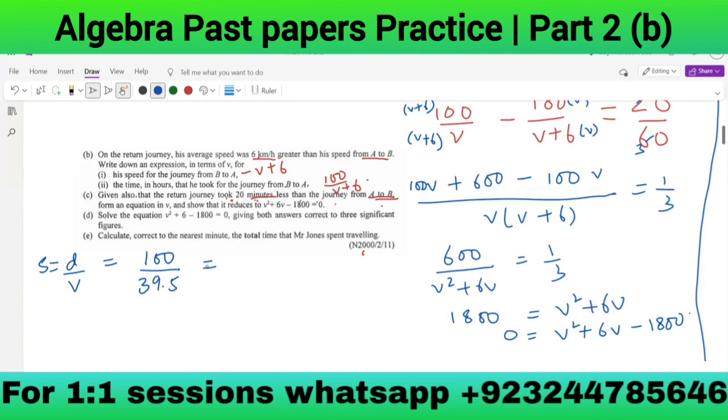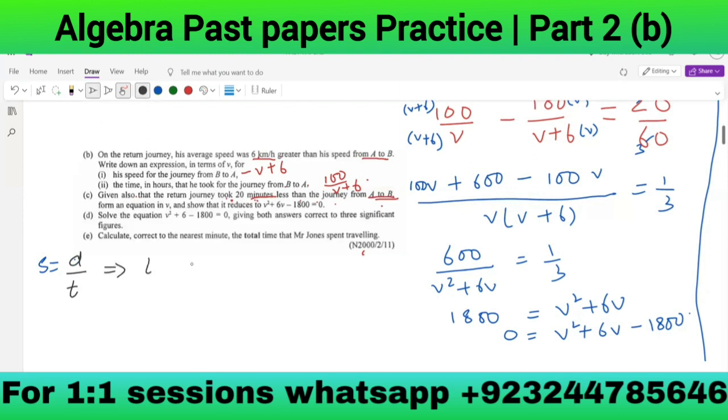You need to calculate the nearest time. You are going to calculate time, not speed. Okay, anyways, speed is equal to distance by time.